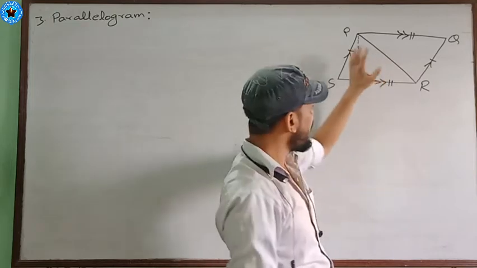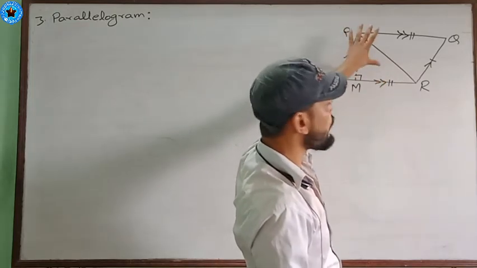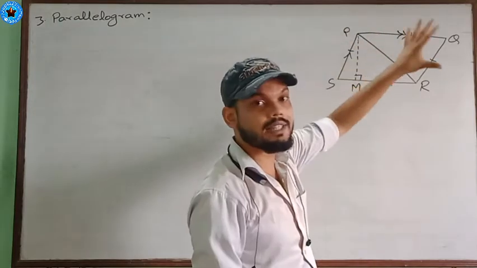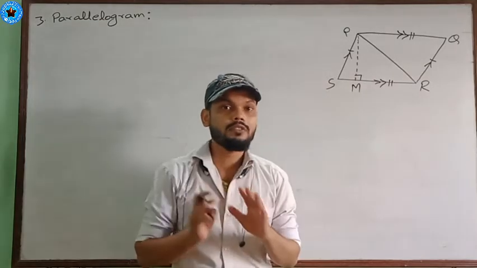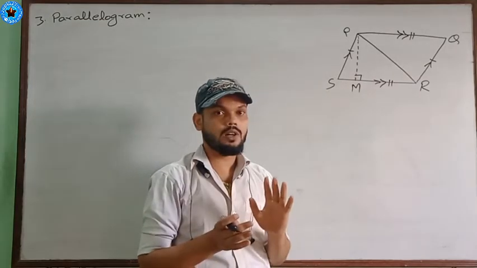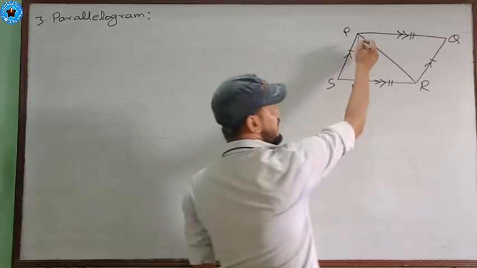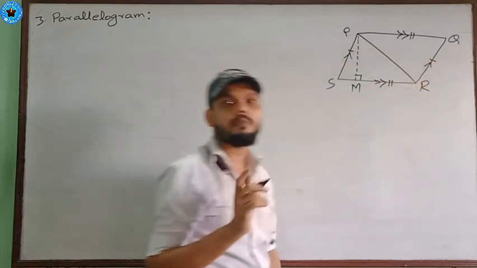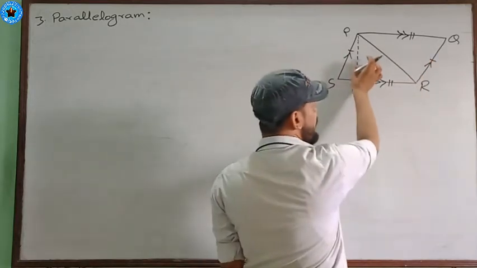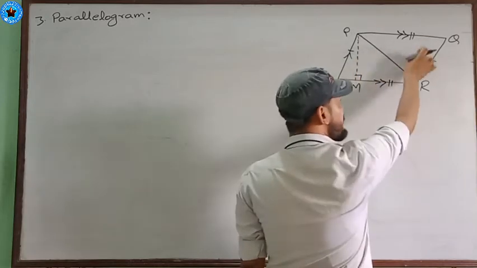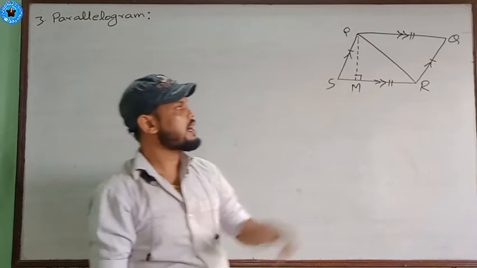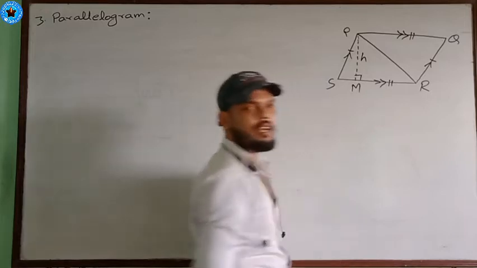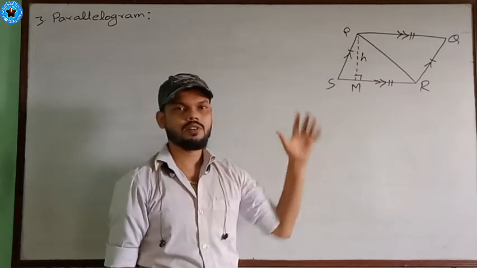It means the height of this triangle will be the same as the height of this triangle, because both triangles are congruent and have equal area. So we take this PM as the height for both triangles. Let it denote the height of the triangle.